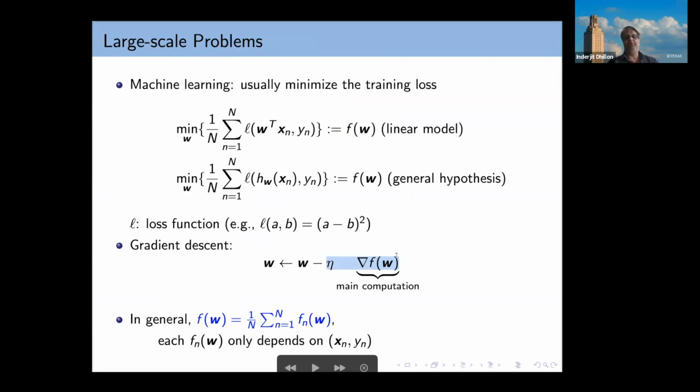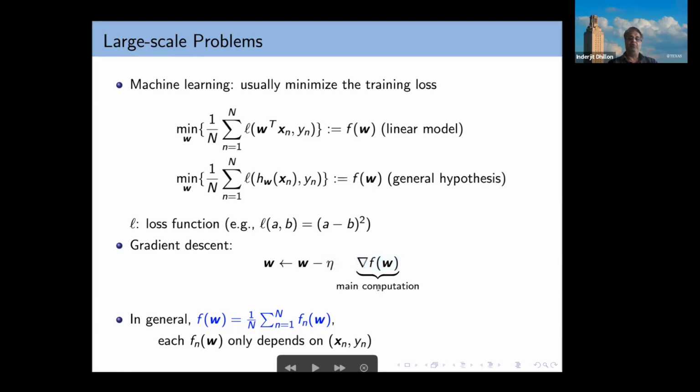So for convex losses, say for logistic regression, this gradient will actually be zero at the global optimum. That means if you are at the optimum, gradient descent will lead to no change in W, because the gradient of the function is exactly zero.